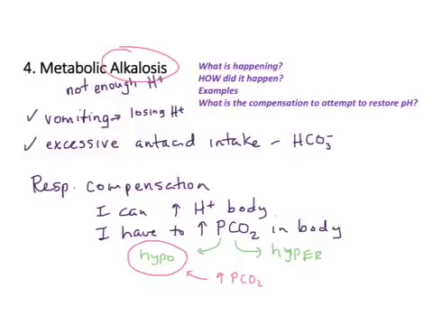But what we also know from previous lectures is that an increase in PCO2 is a potent stimulus of breathing, so we'd have an increase in breathing. So it's really hard to have complete compensation along these lines.